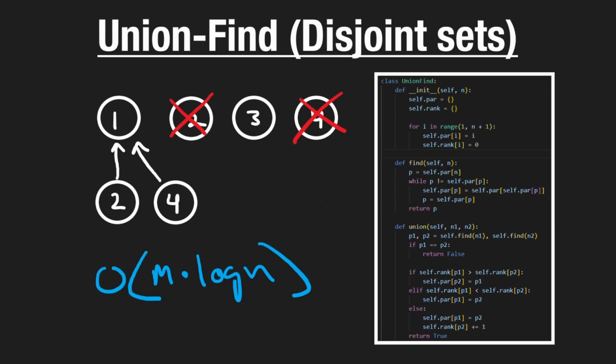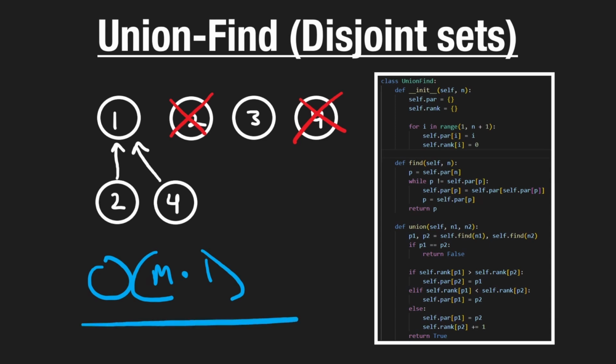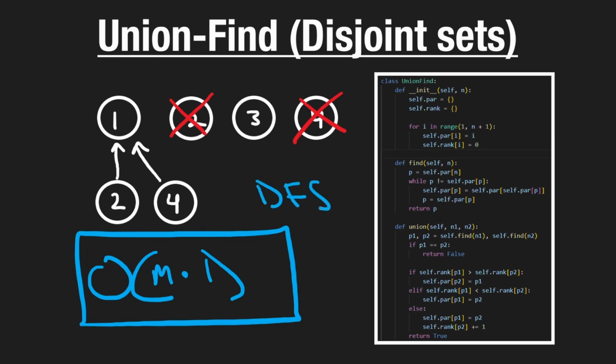But we saw if we implement path compression and union by rank, this log n can be essentially reduced to a one-time operation. So in that case, our union find would be the time complexity of the number of edges that we had. That's why in some cases, union find can be more efficient than a DFS for cycle detection or counting the number of connected components.